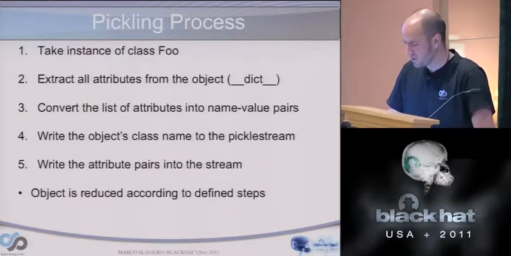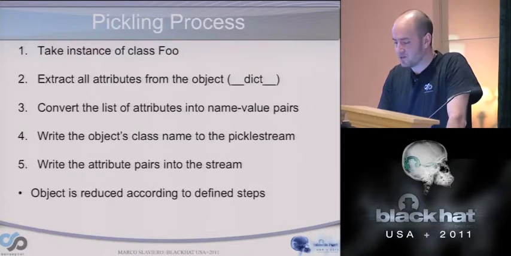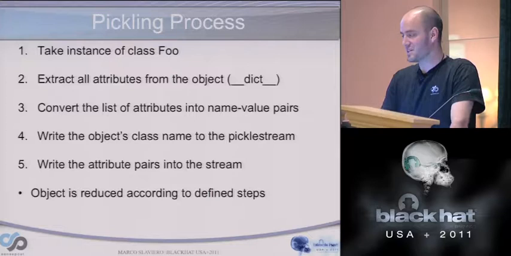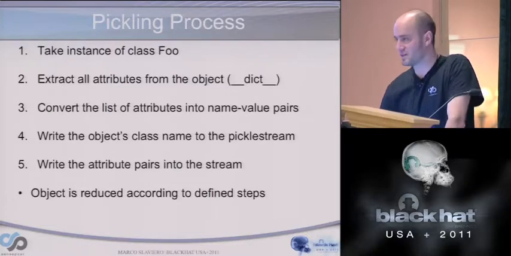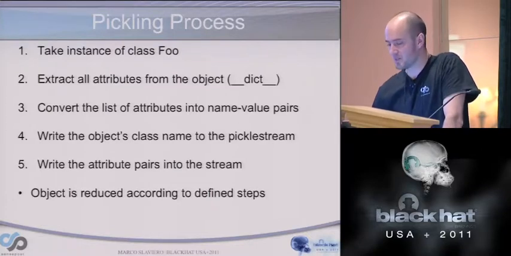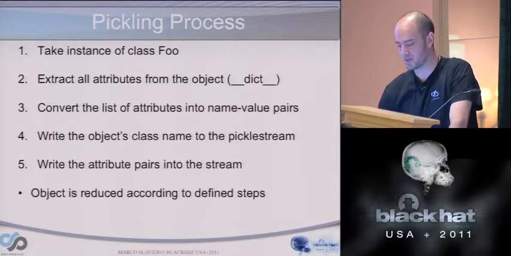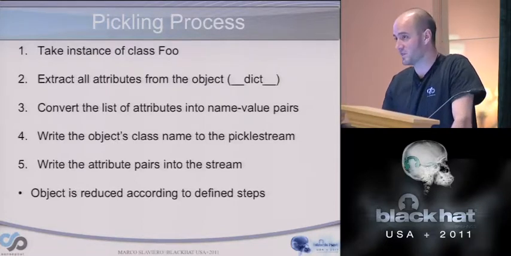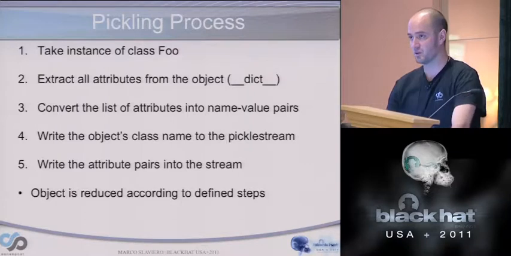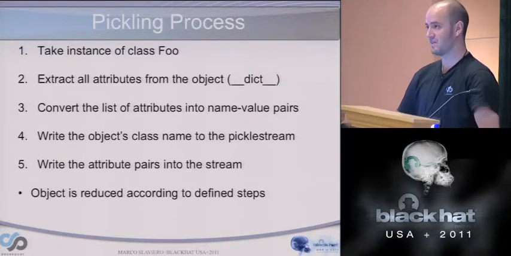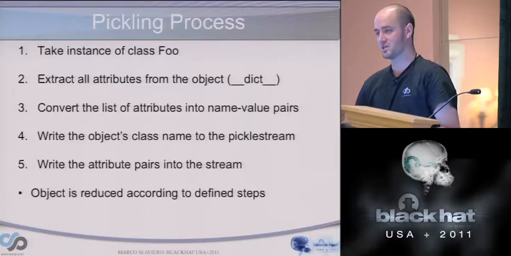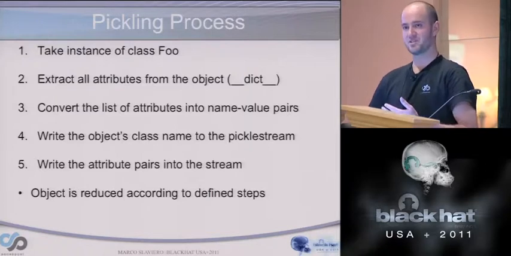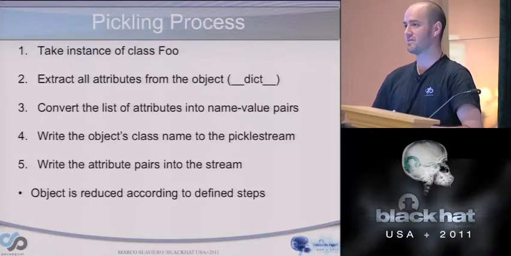running. So to look at a very high level at the pickling process and the unpickling process, this is essentially what happens. Now it glosses over very many details, so it's not designed to give you a full insight. But essentially, when you're trying to create a serialized object from a stream of bytes, the Pickle module will extract the name of the class instance that it is trying to write out to a stream of bytes, and it will also extract a list of the attributes that are unique to this instance of the class.